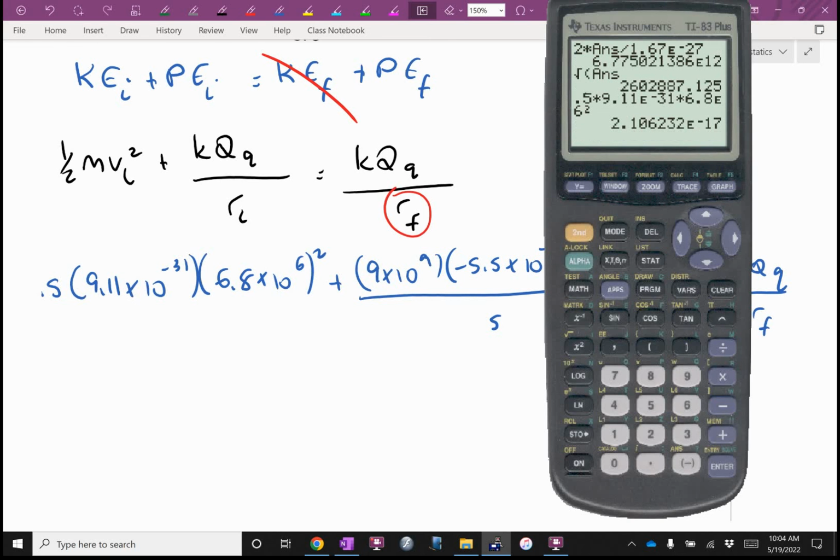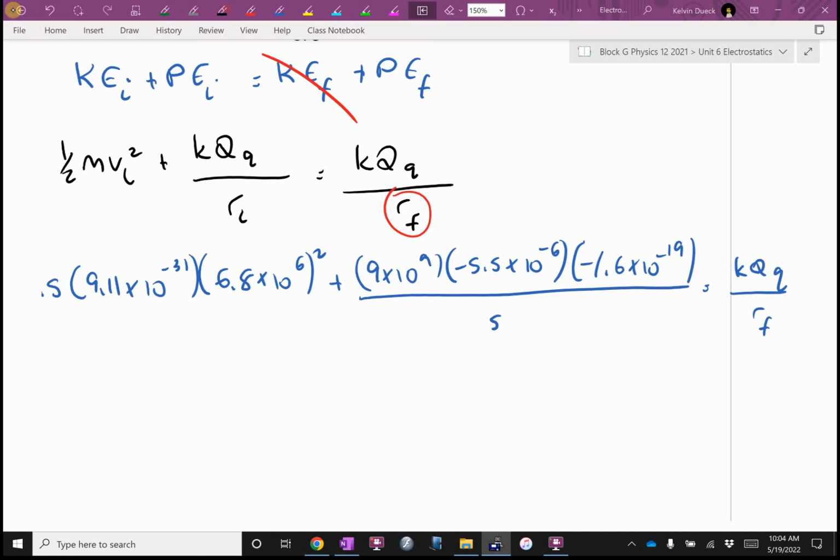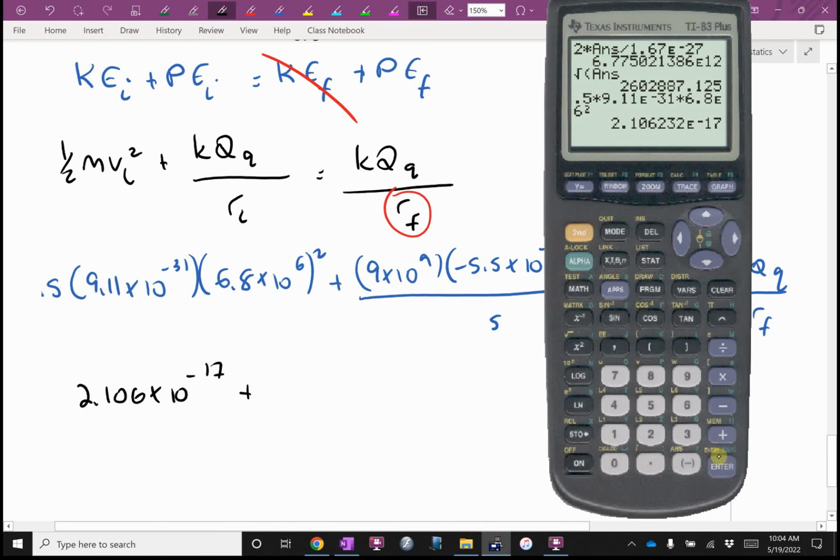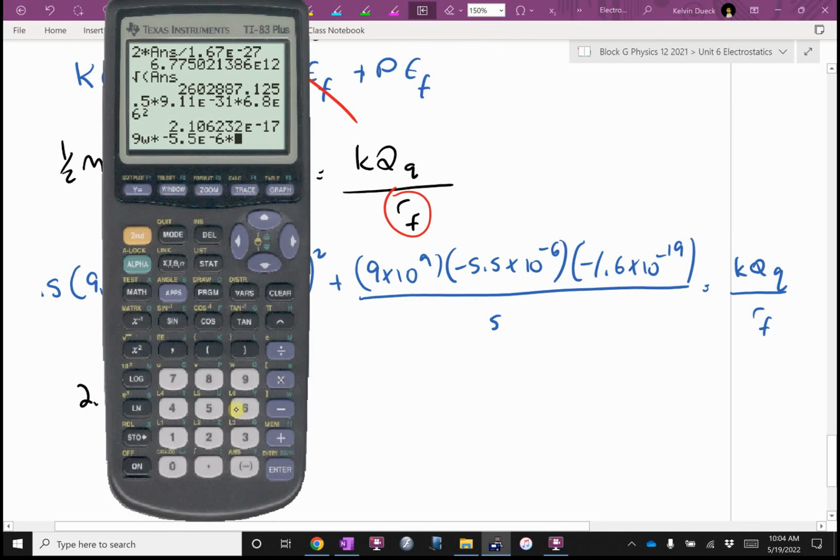And I get 2.106 times 10 to the negative 17. Then 9 times 10 to the 9th times negative 5.5 times 10 to the negative 6 times negative 1.6 times 10 to the negative 19 divided by 5.